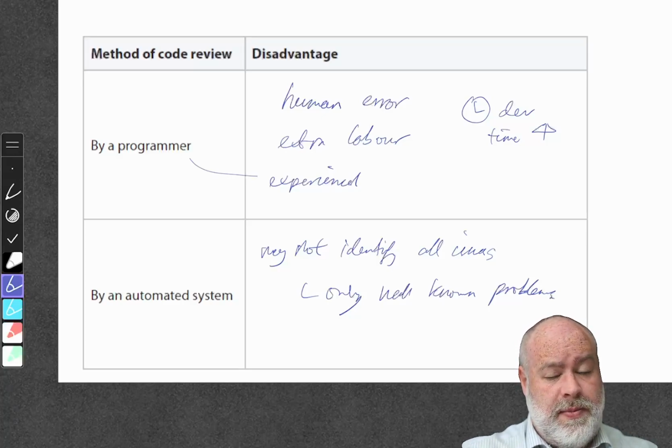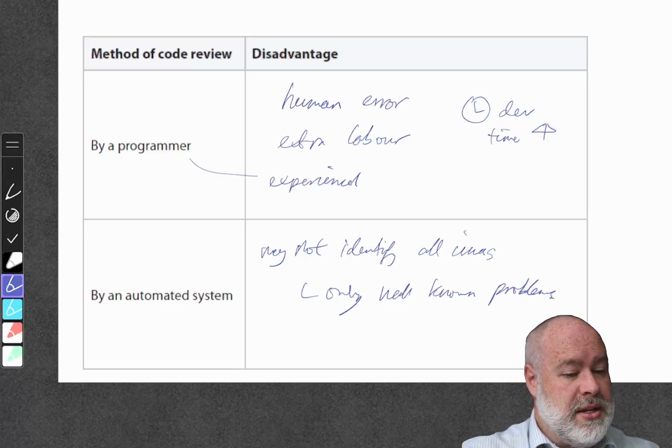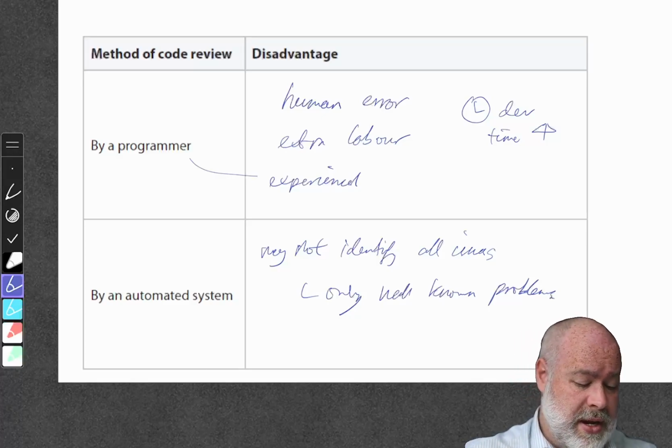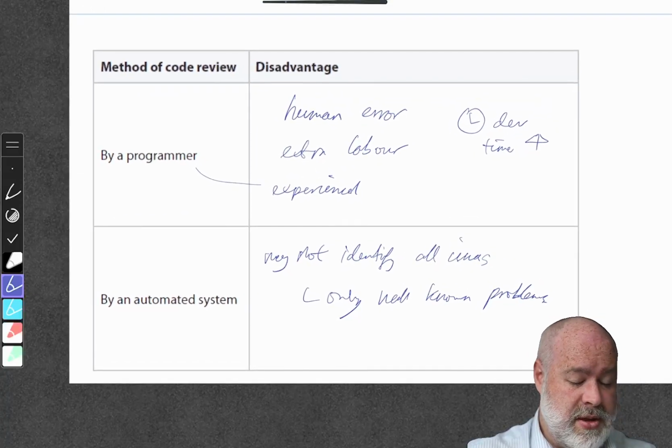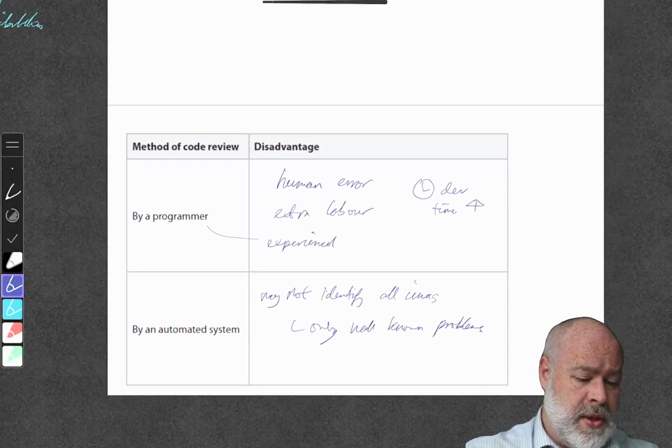However, for something new that hasn't been detected yet, you might need a human being scouring through and thinking, oh, there's something off with that, and then discovering it in the first place. And that could save a company a lot of money if they got the programmer to do it.